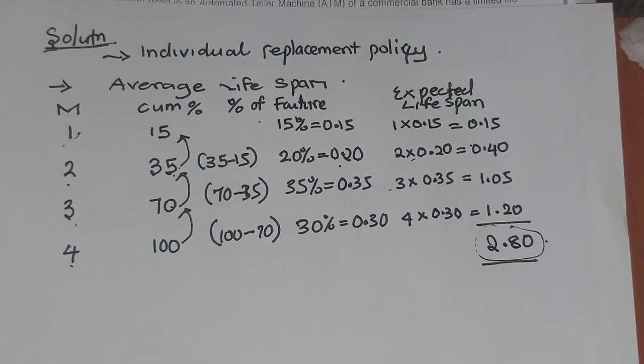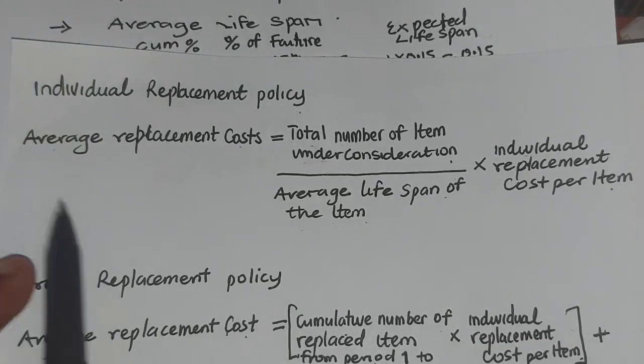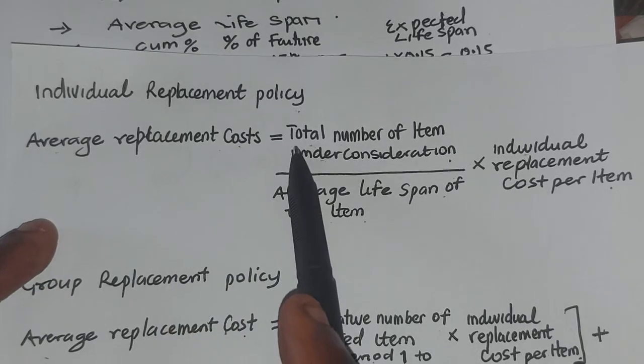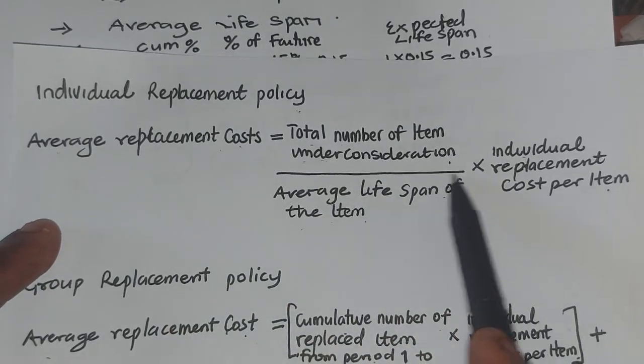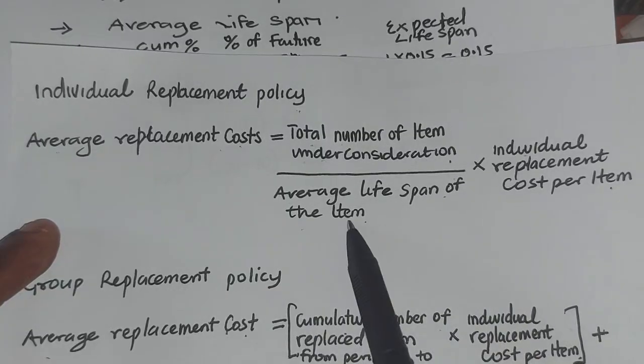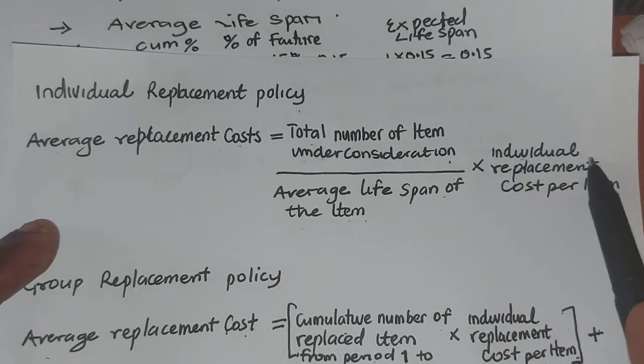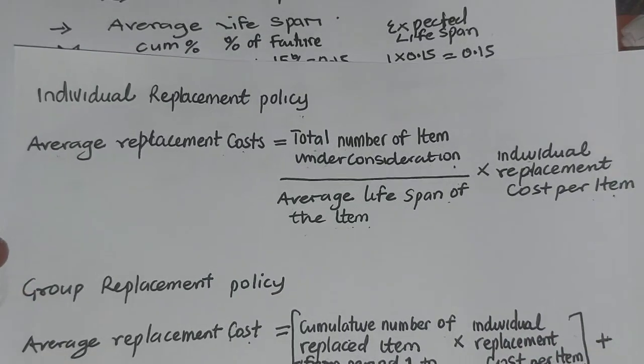And don't forget that the average replacement cost is the total number of items under consideration divided by the average lifespan of the item, multiplied by the individual replacement cost per item.